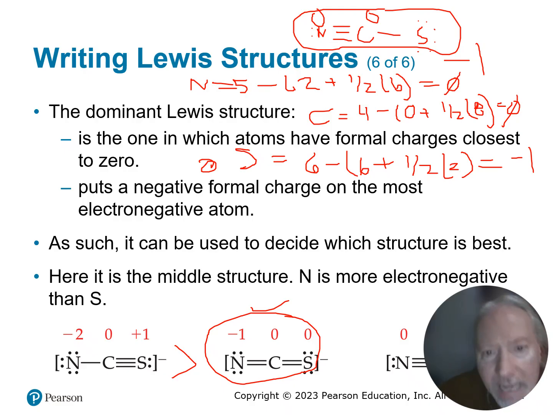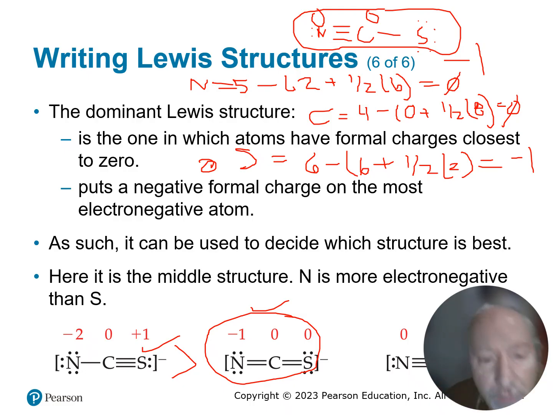So in that case, we look at this and we can say, well, a lot of these are kind of equal. And the middle structure, the nitrogen is more electronegative. And see, here's the problem here. Nitrogen is a little more electronegative than carbon, but sulfur is the most electronegative if we look at the electronegativity scale.